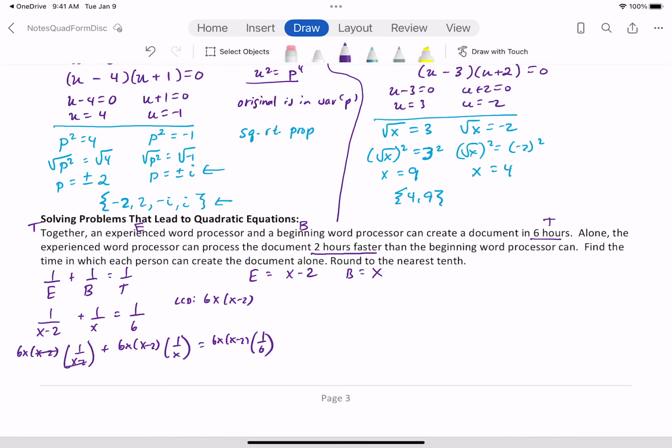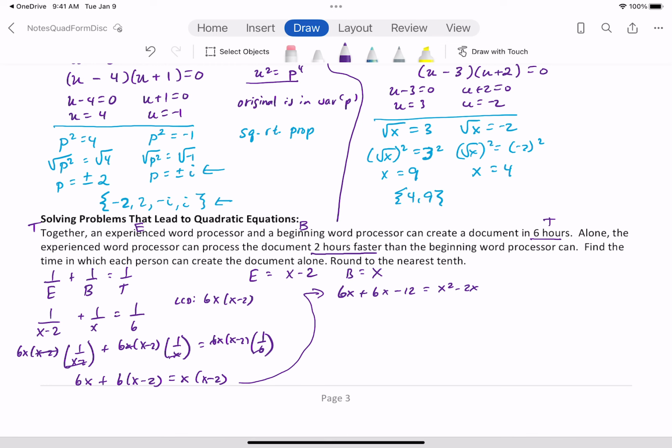And then you can show me what cancels. So I'm going to be left with 6x, 6 times x minus 2, and then x times x minus 2. So we get 6x plus 6x minus 12 equals x squared minus 2x.